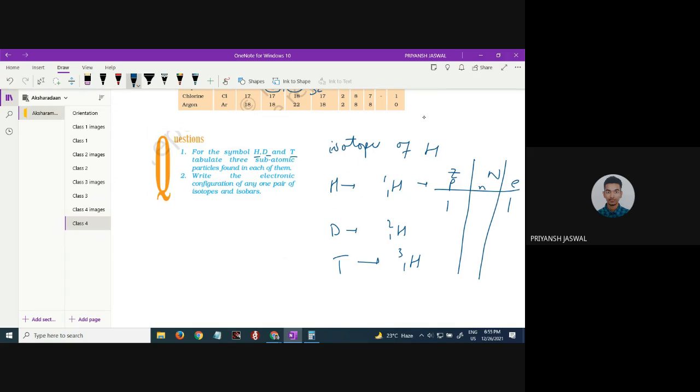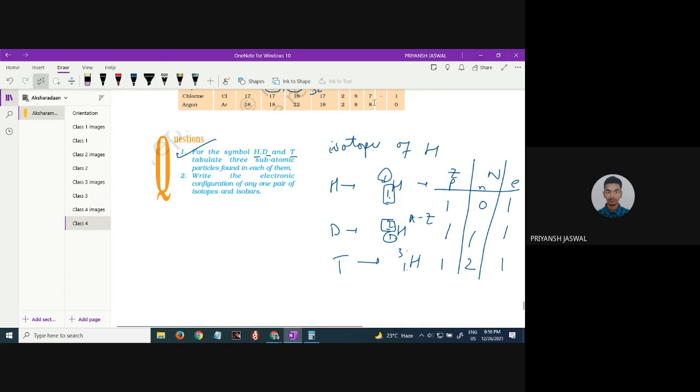One proton, one electron, because Z is equal to 1. Mass number is 1, given by the proton, so the number of neutrons is 0. One proton, one electron, the same for tritium also. The difference is in the number of neutrons. Isotopes have the same number of protons, so you can directly write 1, 1, 1. The number of neutrons will be A minus Z: 1 minus 1 is 0, 2 minus 1 is 1, 3 minus 1 is 2. That solves the first question.